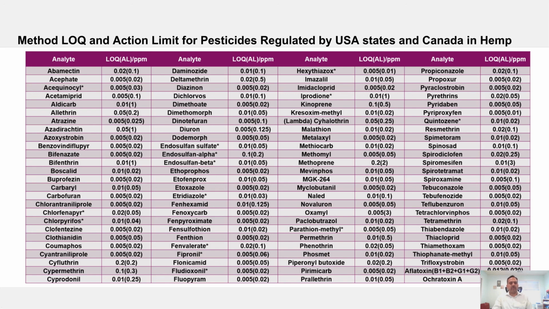Now our customers don't need GCMSMS for this analysis. Now they need only one scientist, one instrument, one set of consumables, and one sample preparation method to reduce the cost and complexity of the analysis when they want to use our method.